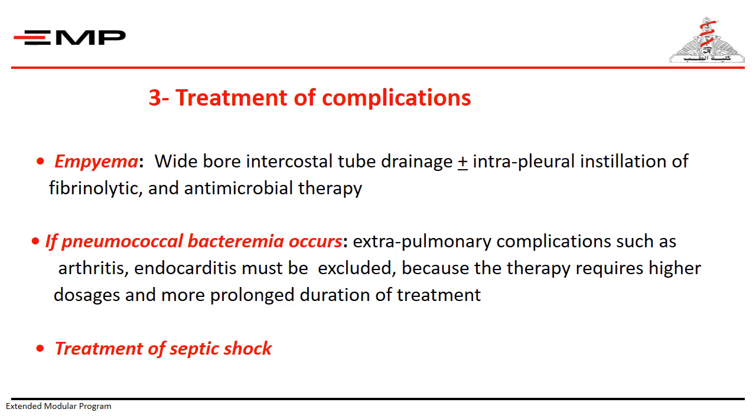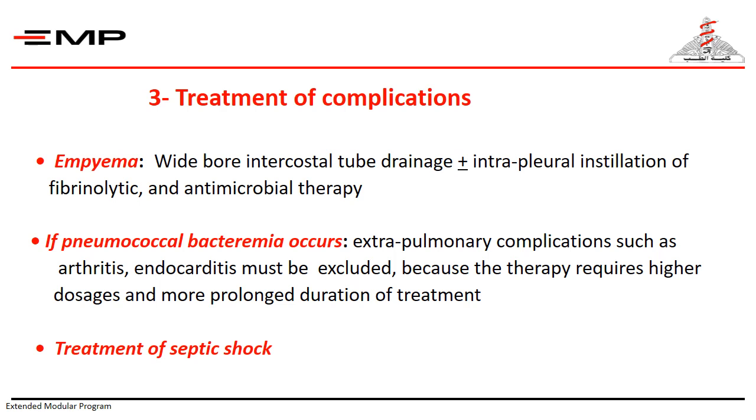The main complications which must be treated vigorously and promptly include empyema. If empyema is found or diagnosed in cases of pneumonia, there should be wide bore intercostal tube drainage as soon as possible, plus or minus intrapleural instillation of fibrinolytic and antimicrobial therapy.